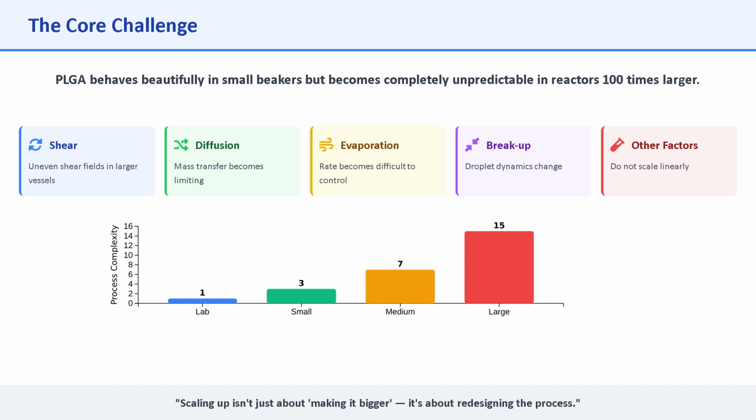Mass transfer slows down. Solvent evaporation becomes difficult to control. Droplet breakup changes dramatically. And almost every parameter that mattered at small scale refuses to scale linearly. So the real challenge isn't making the process bigger, it's redesigning the process to fit the new scale.